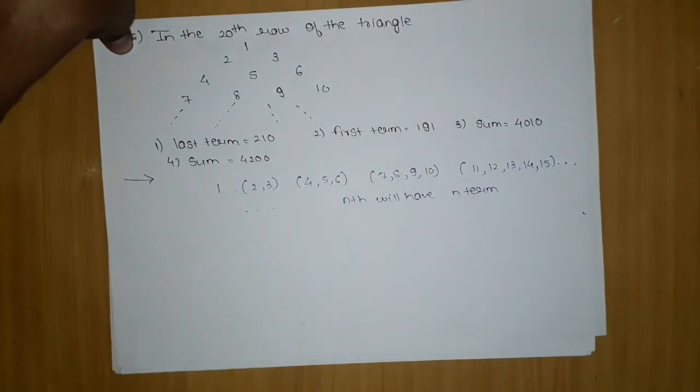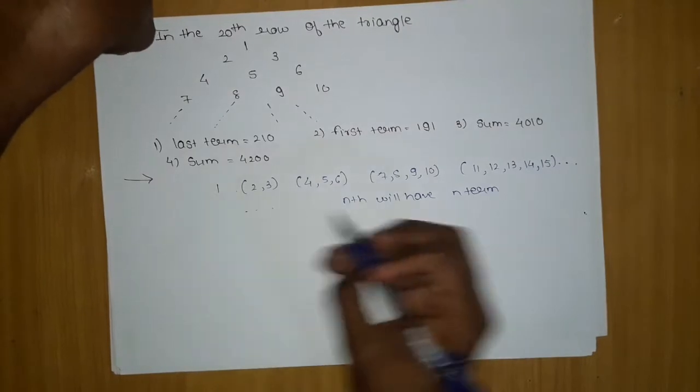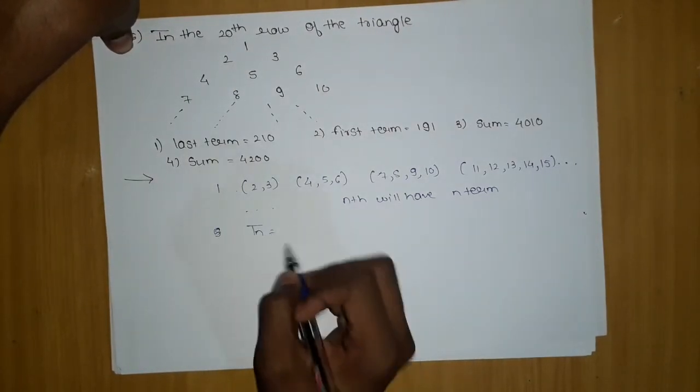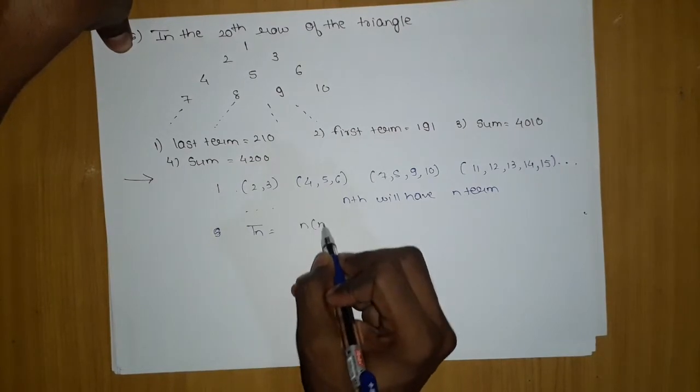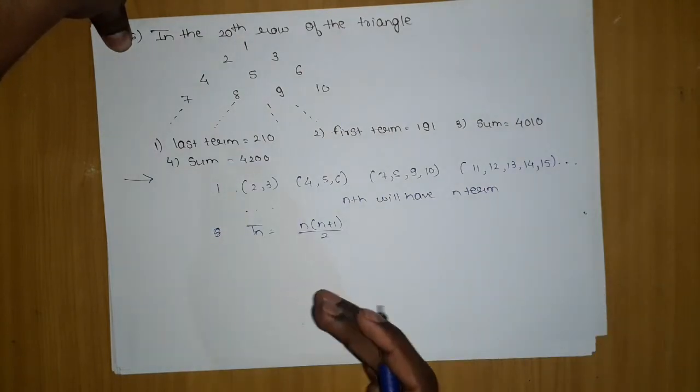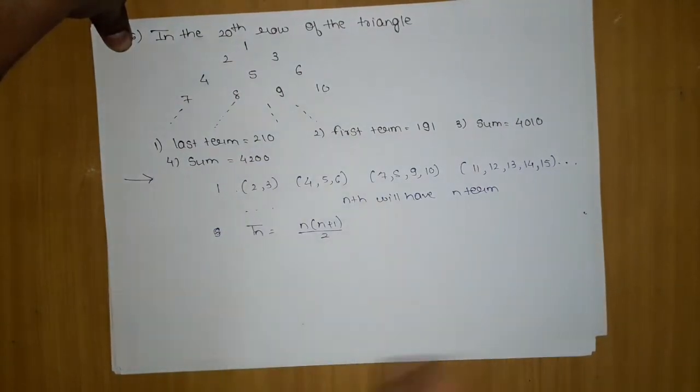I know the sum of n terms. So the sum of n terms will give me my Tn, which will be n into n plus 1 by 2, because in the nth row there will be n terms. Using that I can identify any row's last term.